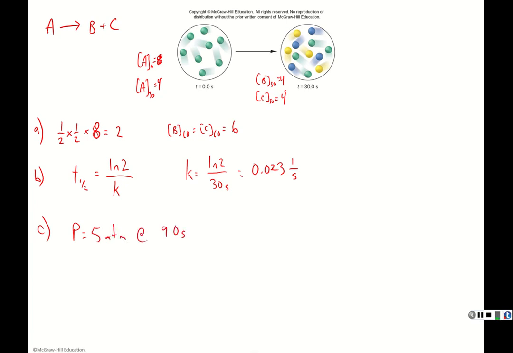Well, what is 90 seconds? 90 seconds is 3 half-lives. So we do 1/2 times 1/2 times 1/2 times 8 for our starting material A. 1/2 of 8 is 4, 1/2 of that is 2, 1/2 of that is 1. We're going to have 1 part of A at 90 seconds.